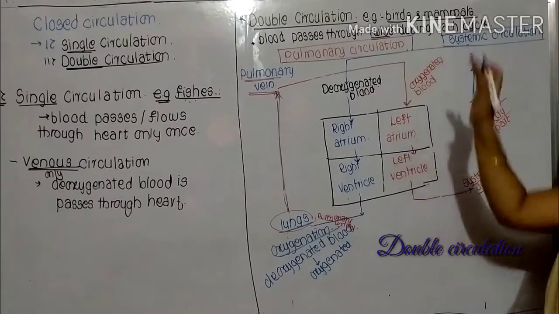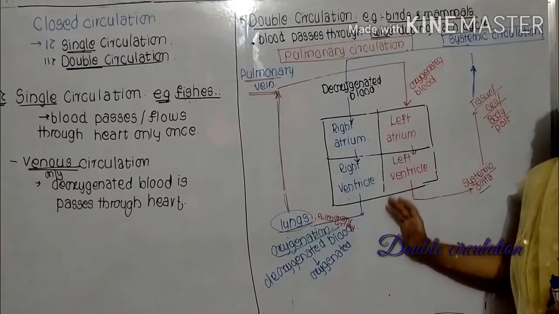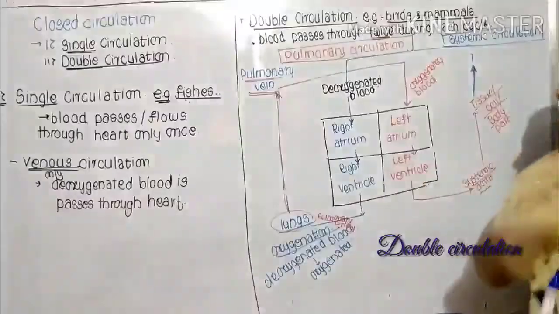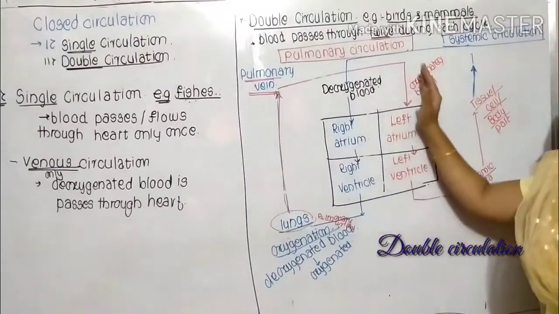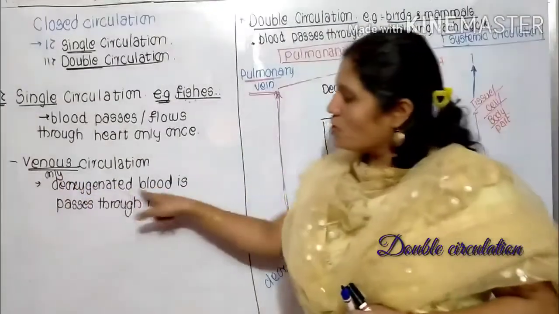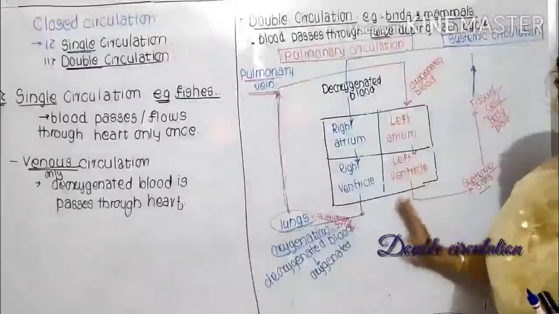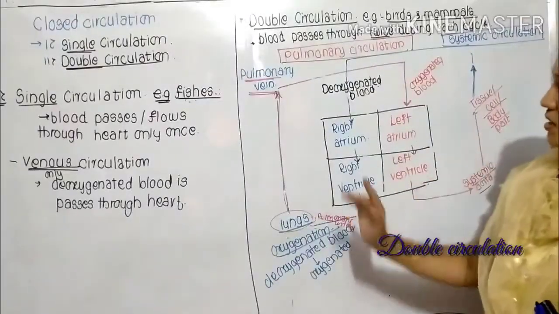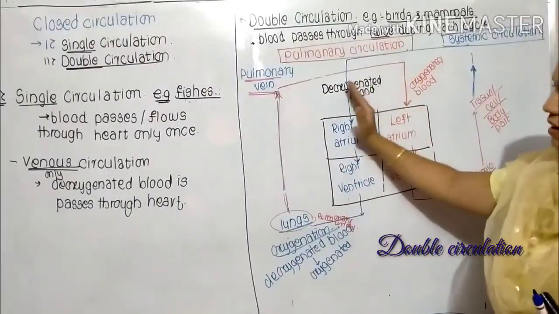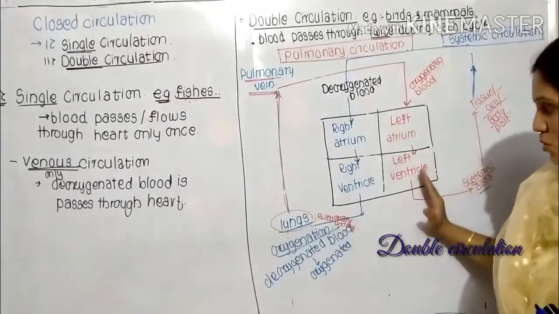Now on the basis of this diagram, hopefully you all understood. Here from the heart the deoxygenated blood is passing, as well as oxygenated blood. But in the single circulation, only deoxygenated blood passes through the heart. In the double circulation it is not like that. In the double circulation, deoxygenated blood as well as oxygenated blood passes through the heart.